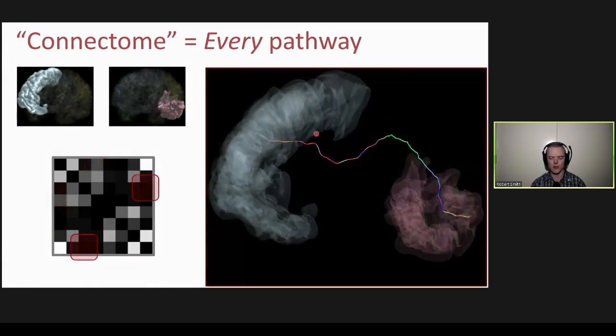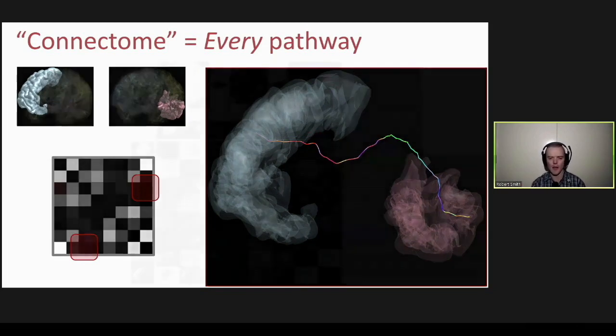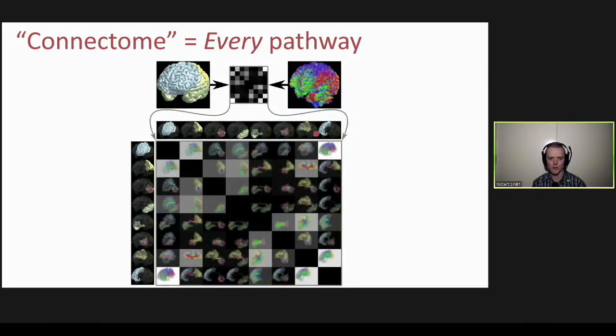But the point is that the actual process of identifying and quantifying each of these pathways is the same thing, just repeated over and over. So here's what it looks like if you try to visualize every edge in the connectome at once.